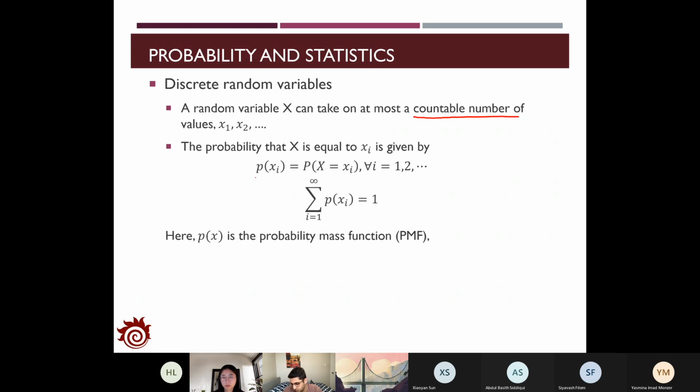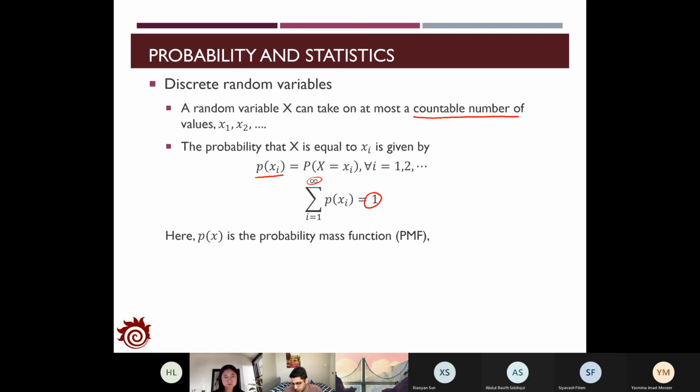We usually use the letter p to represent the probability. P(xi) represents the probability for you to take the value of xi, and say that we have the values from 1 to infinity. If we do the summation of the probability of all the possible values, then the total probability will definitely be 1.